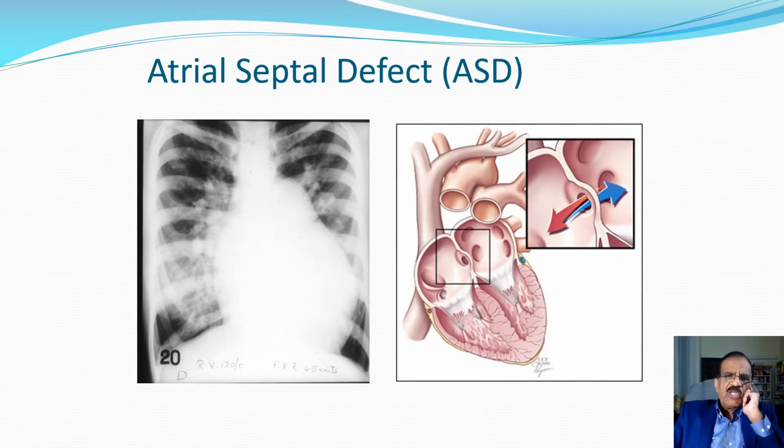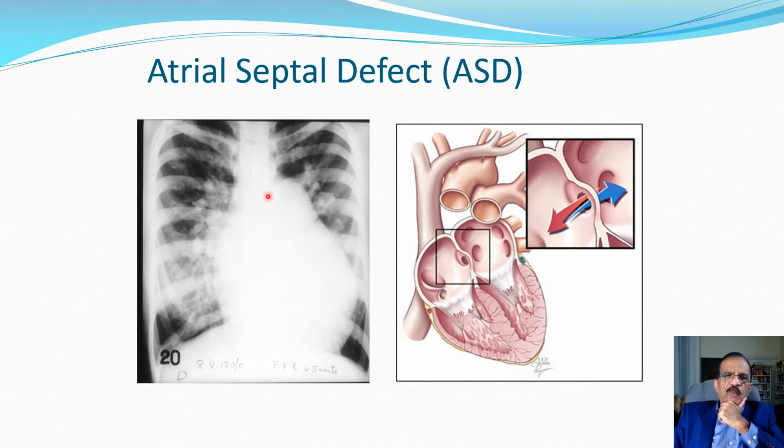This is the picture, and of course we do not want our patient to go to this stage. This X-ray is a typical X-ray of pulmonary hypertension. Those who know reading these X-rays can appreciate cardiomegaly, and this must be because of the right ventricular hypertrophy.